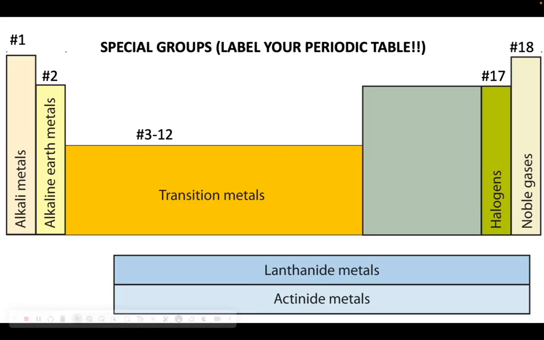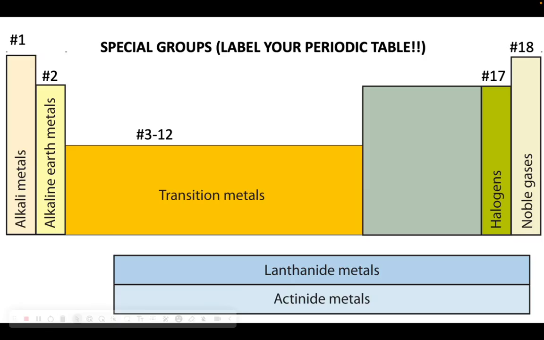Looking at my special groups, group number 1 is called the alkali metals, and group number 2 is called the alkaline earth metals. Transition metals are going to be in that very big block. When you get to groups 13 through 16, we do not have a specific name because it is a combination of metals, metalloids, and nonmetals.